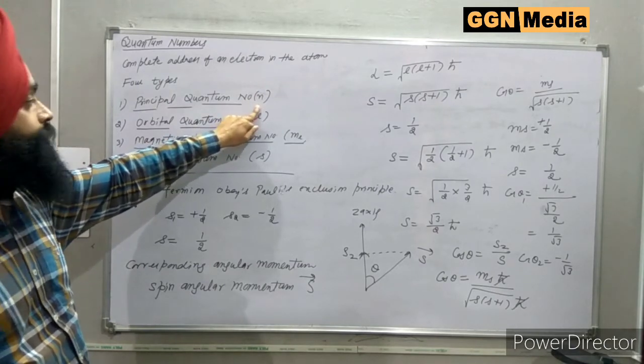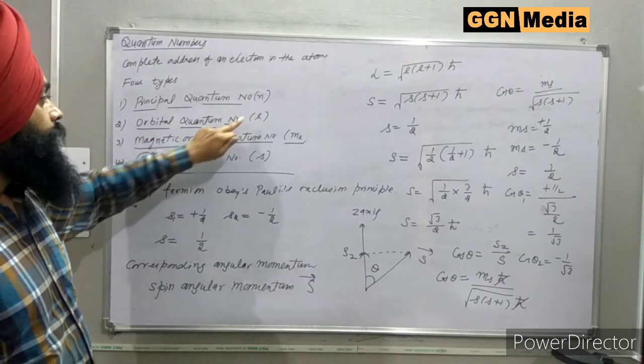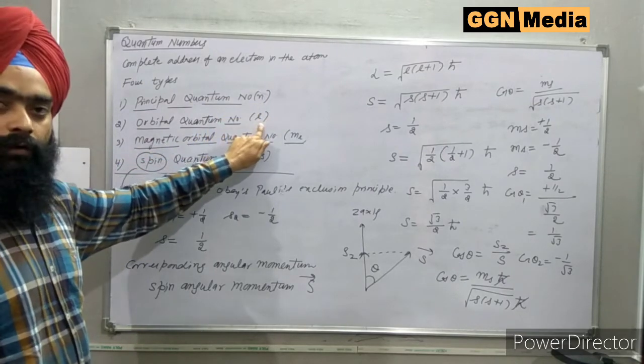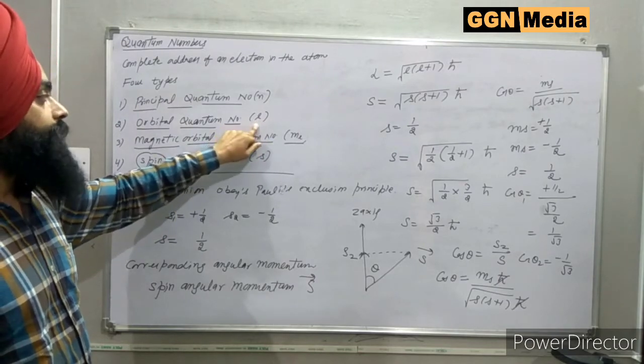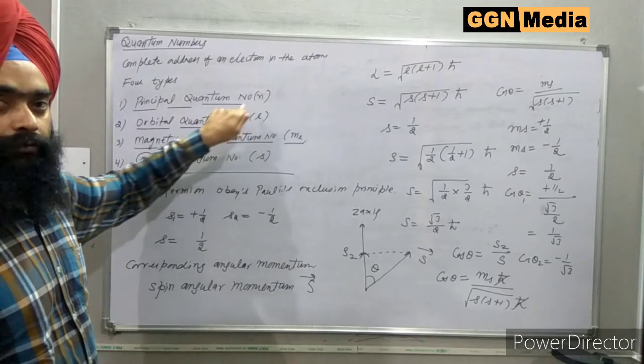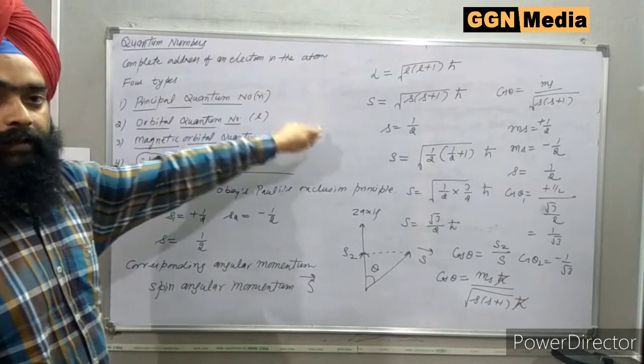It is an integer. If n is equal to 1, it is called the ground state. For values of L, we have names of subshells. For L is equal to 0, we have s. For L is equal to 1, we have p. For L is equal to 2, we have d.